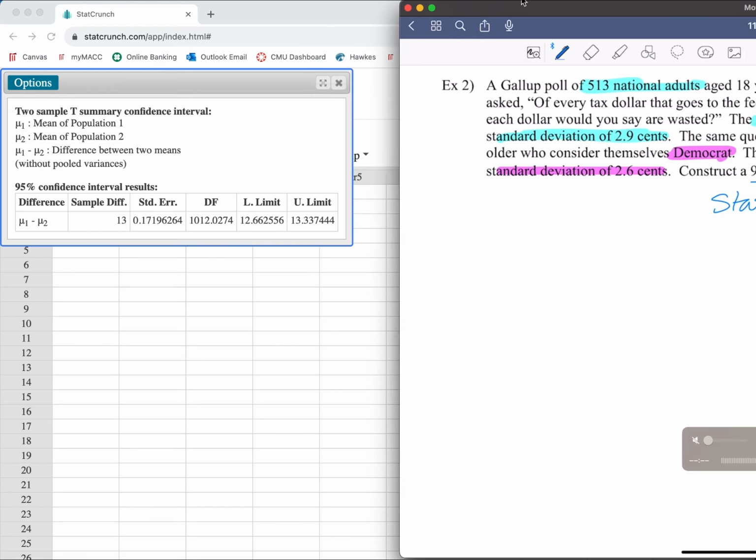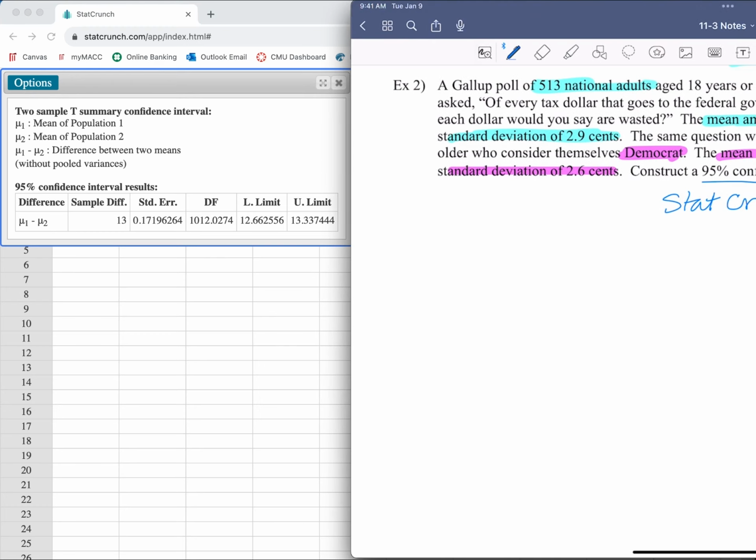So here we have our upper limit and our lower limit. So let's write those out. I'm going to do lower first and then upper, because for me that makes sense. Small to big, right? It's kind of in order. Lower and upper: 12.663 and 13.337.